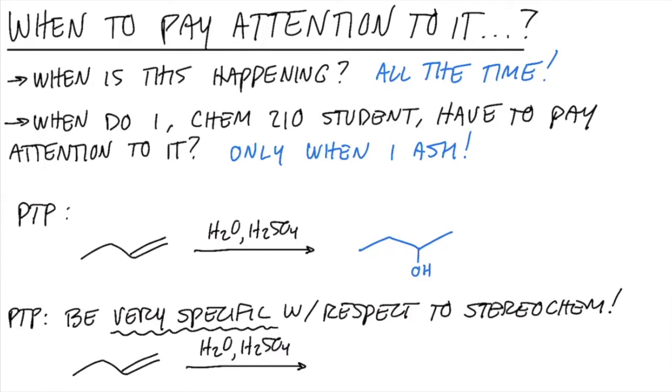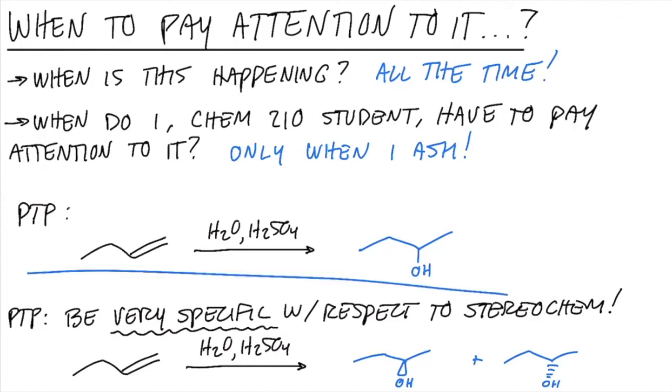So if I were to give you this, I would expect you to draw me the pair of enantiomers that are created in that reaction. So that's what you should be looking for as far as what I'm actually asking you to do. If I'm not very specific, you don't have to be very specific. But if I ask you to be very specific, that means definitely draw me both stereoisomers.